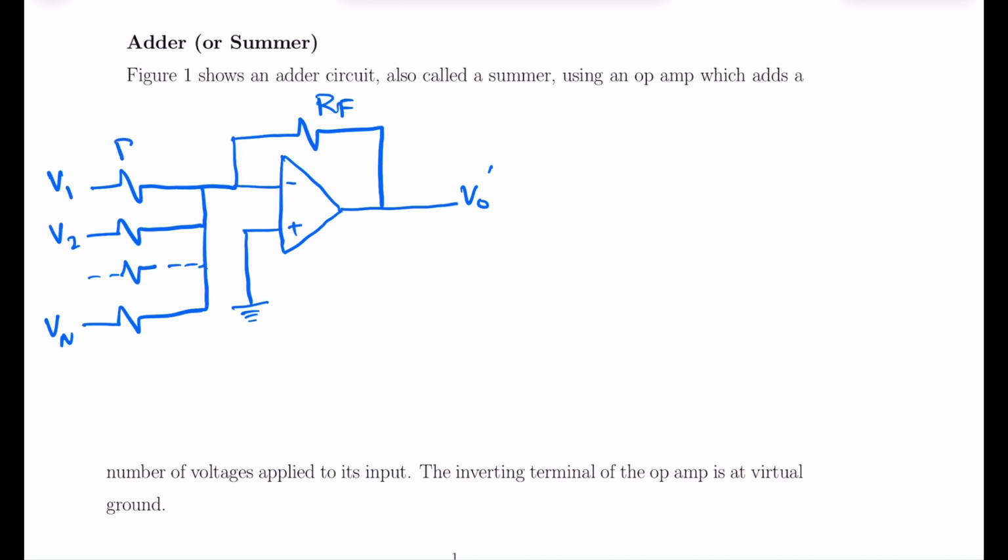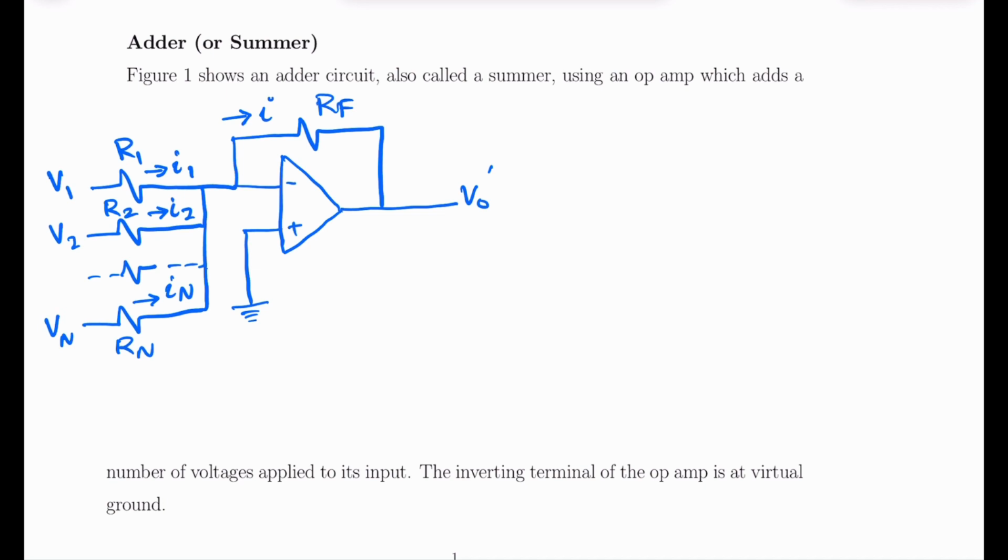This resistor is R1, this resistor is R2, and this resistor is Rn. The current through R1 is I1, that through R2 is I2, and that through Rn is In. The current through the resistor Rf is I.